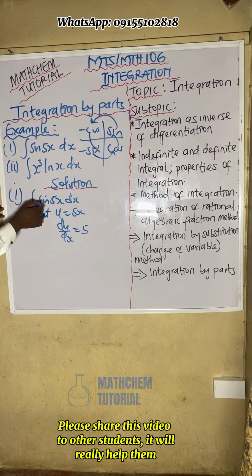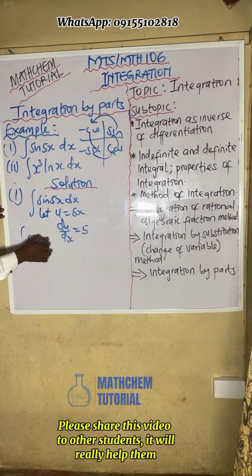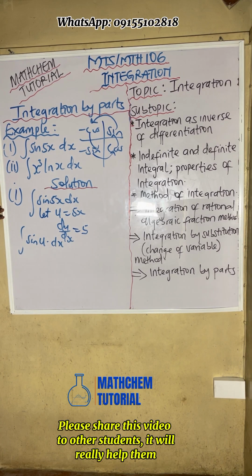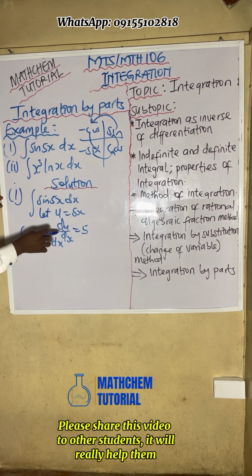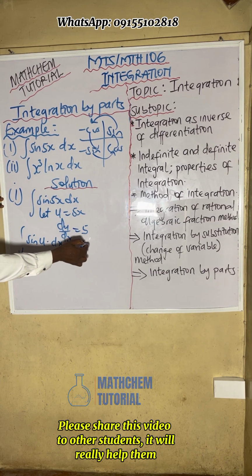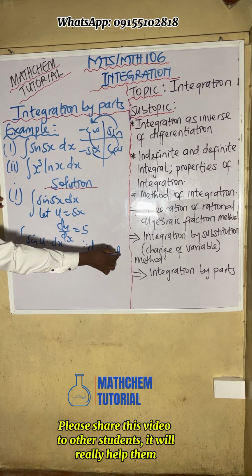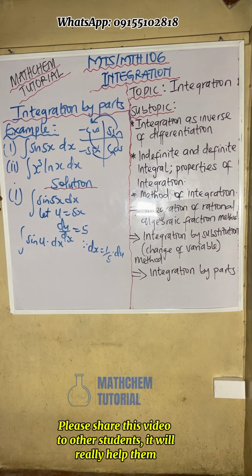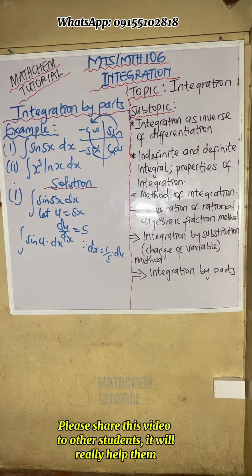Remember that I've already allowed 5x to be u, so that will be the integral of sine u dx. Next, I will make dx the subject of the formula, so dx will be equal to 1 over 5 du. With that, I can now replace this dx with 1 over 5 du.